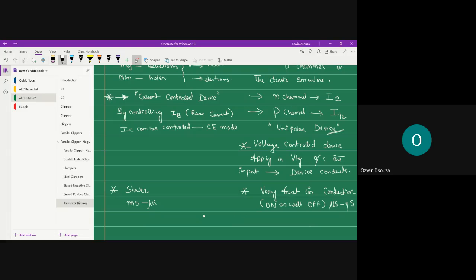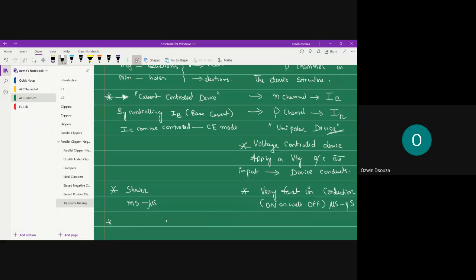Imagine the application of electric vehicles in which the vehicle should be changed from forward motoring mode to reverse motoring mode in order to enable the reverse movement. In such scenarios, a device which is very fast in nature is always advantageous. So in very critical applications, they go for MOSFETs.